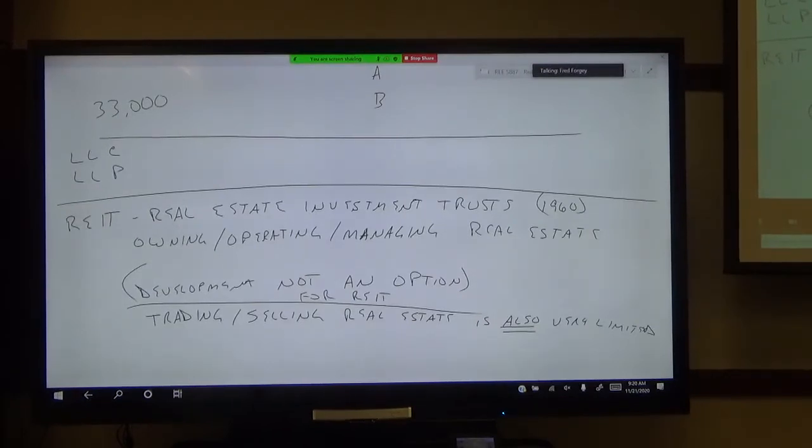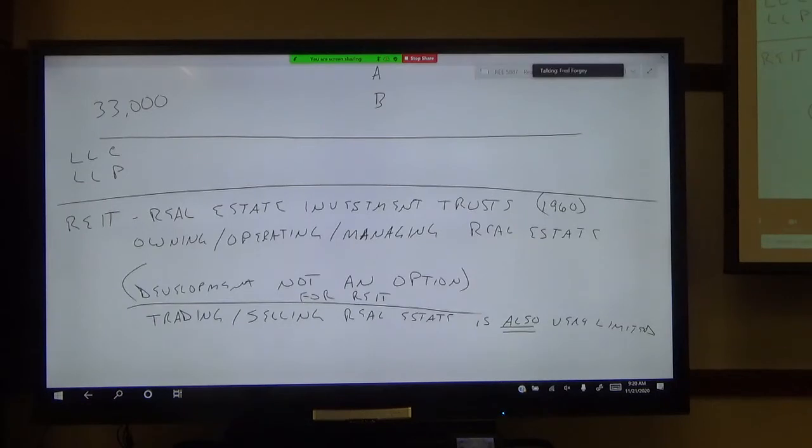Now, does that mean that you're stuck with every single property that you ever bought in a REIT? No. But what it means is you are probably limited in some way as to what percentage or what dollar amount of your portfolio you may be able to sell off in any given year, okay? So let's put things into perspective.